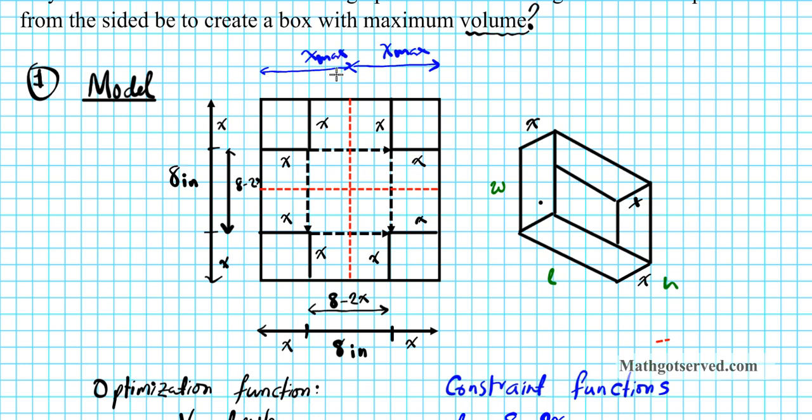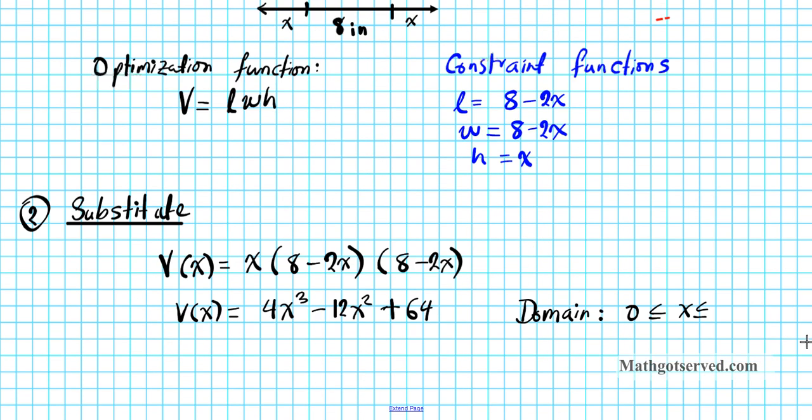So what is the biggest value of x that ensures they have an equal split and the entire length is 8? You just simply divide 8 by 2, right? So that's 4. That's the biggest value of x, so that you can cut out an x by x square from 4 sides of the 8 by 8 sheet. Okay? So our upper constraint on x is 4.